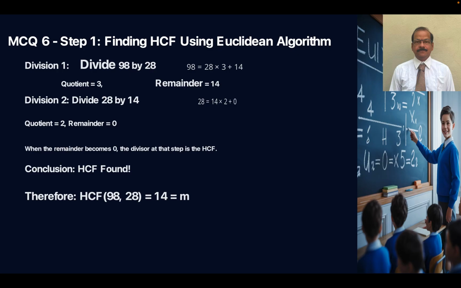Therefore, at the remainder 0 step, the divisor is 14. Therefore, that becomes our HCF, and the value M we are assigning. M is the letter given for that, M equal to 14. Excellent. Now we move on to finding N, the LCM, and finally that expression given.